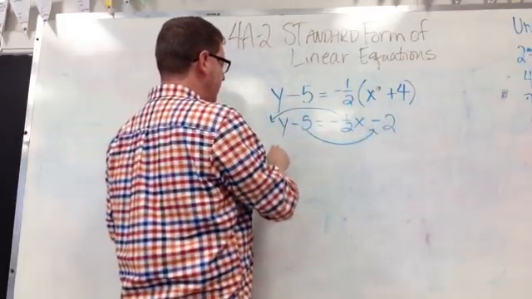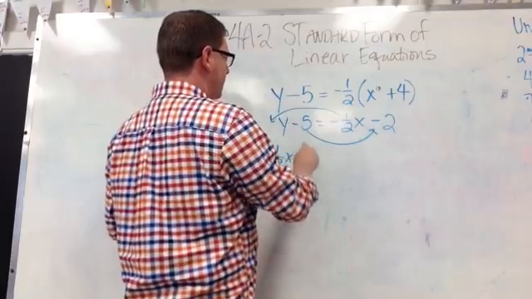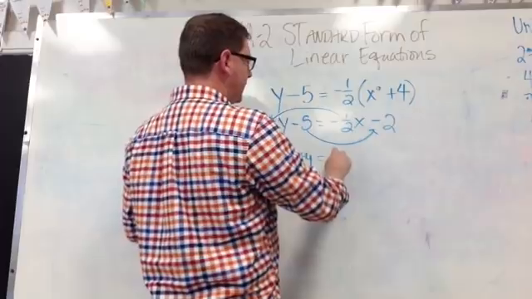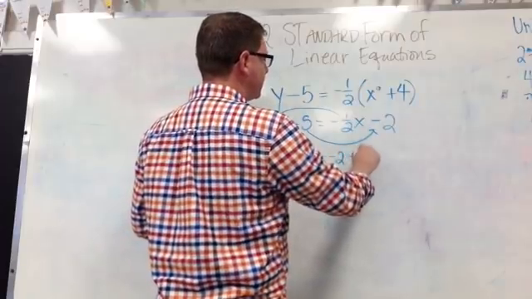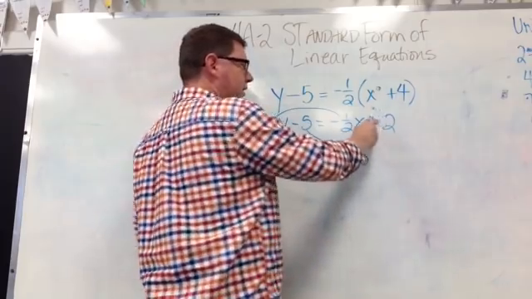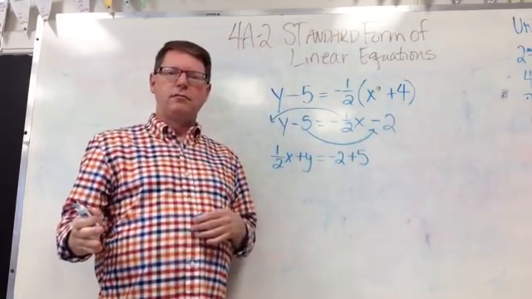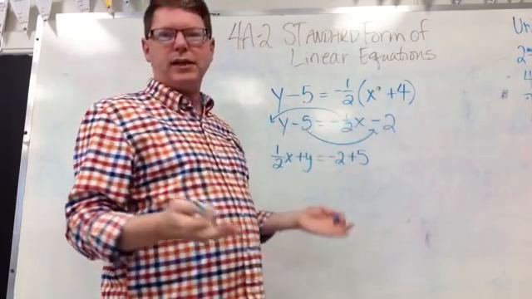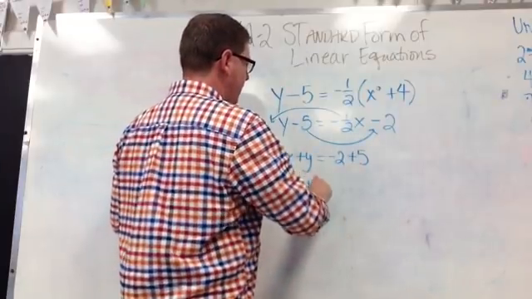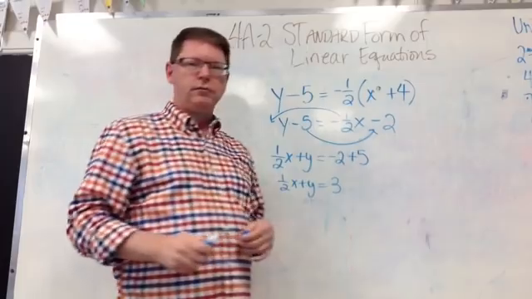So I have positive 1/2 x plus y, because y is positive, so that's plus, equals negative 2 plus 5. Because when I take that negative and move it across the equal sign, it changes to a positive. Same thing as adding 5 to both sides. So then I have 1/2 x plus y equals 3.